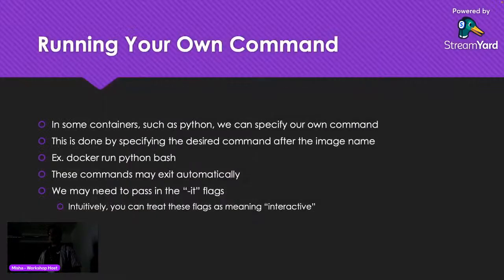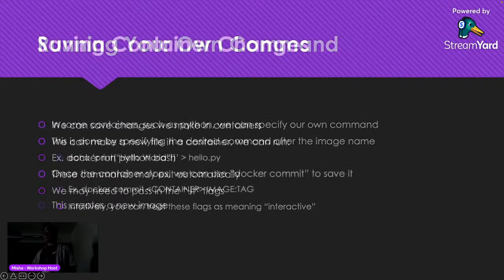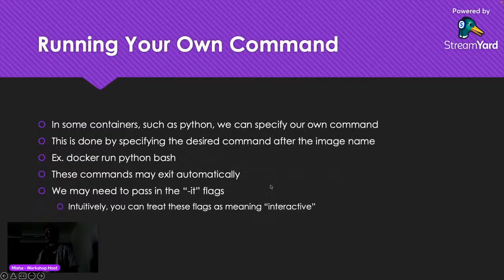For Docker, we can pass in the -it flags. These are two flags there. What I intuitively think of as an interactive version of the container. So we connect to the container interactively.